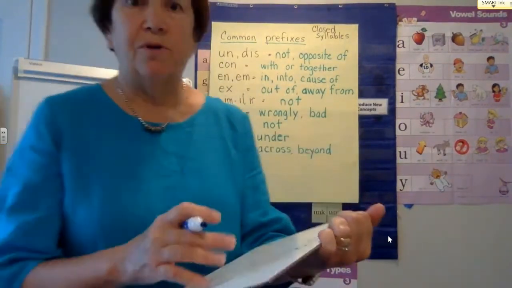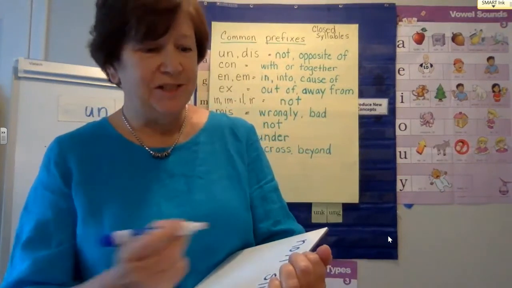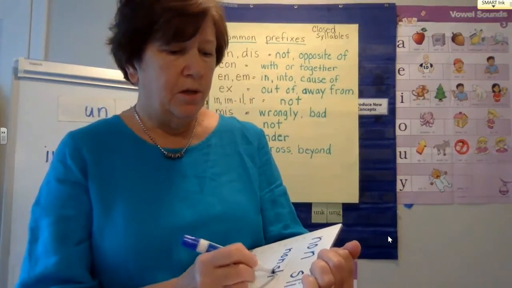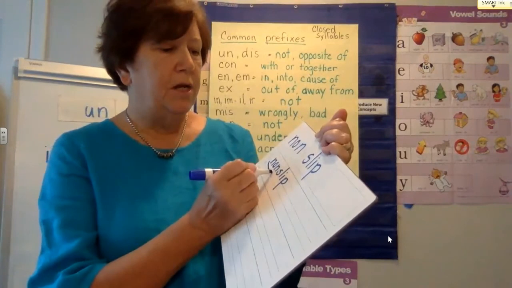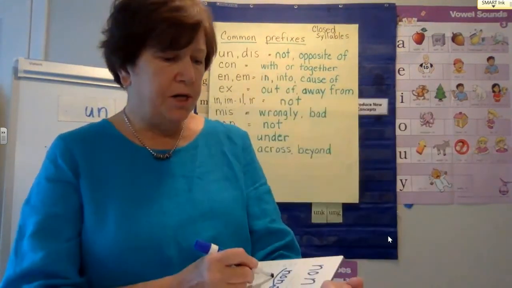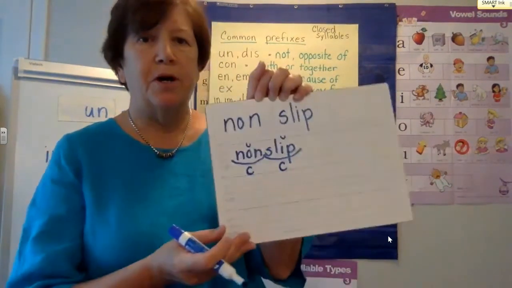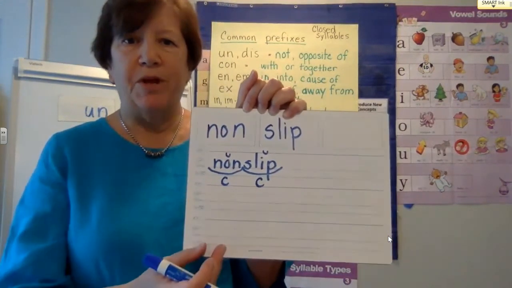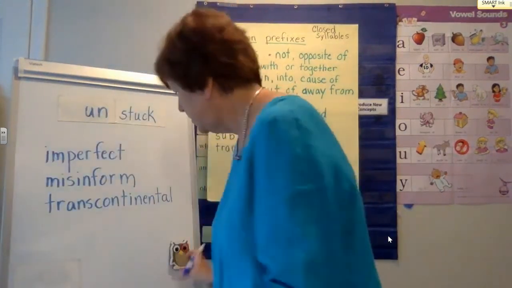So a non-slip surface would be something that's pretty hard to slip on. You're not going to slip on that surface. Go ahead and write the word underneath. Non-slip. Let's scoop it to check it. And go ahead and mark what type of syllable those two syllables are. Non-slip. Two closed syllables we have there. Great.